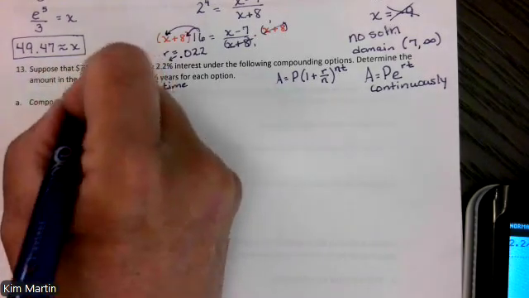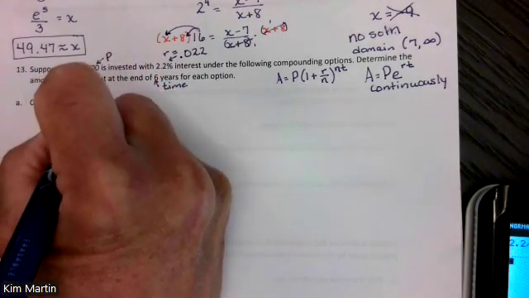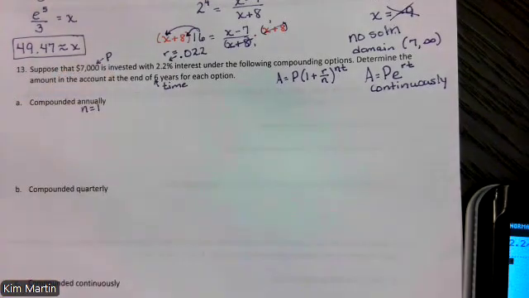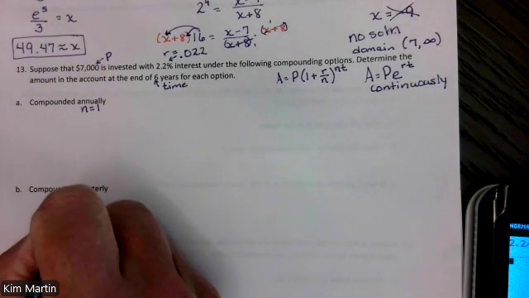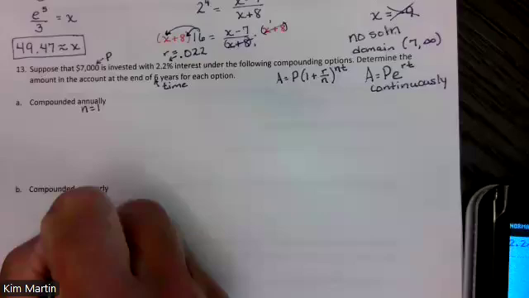All right, so this one is compounded annually. That means they're going to pay you one time a year. Quarterly is 4 times. Think about 4 quarters in a dollar. If it was weekly, then there are 52 weeks in a year. It could be daily, it could be semi-annually.